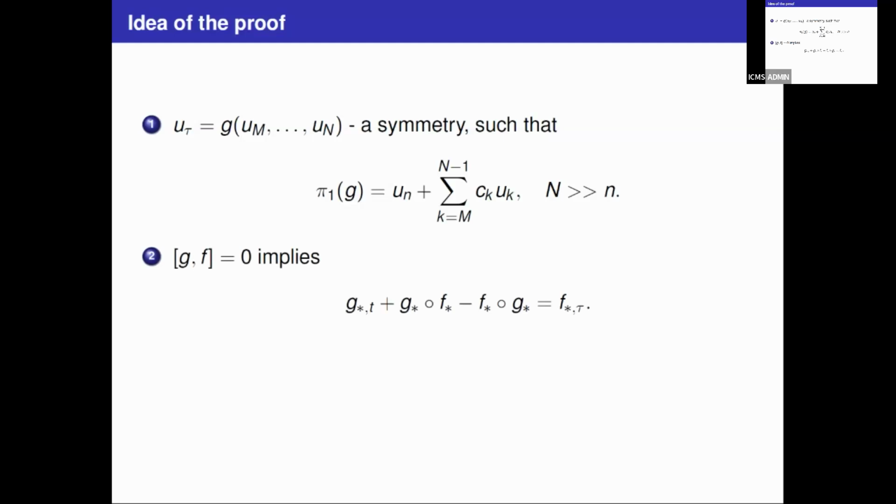Then the condition of commutativity implies this relation between G star and F star, and the right-hand side is of order n small, whereas the left-hand side is of order n capital, much larger than n small.